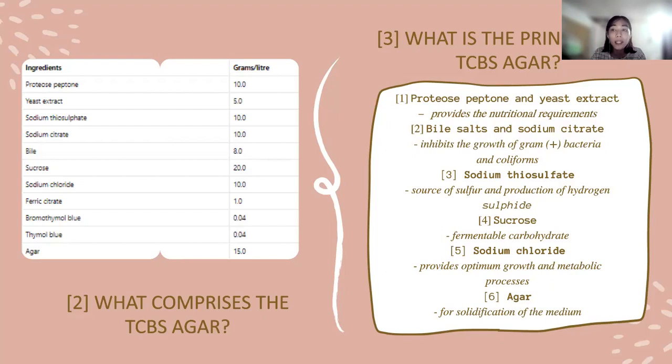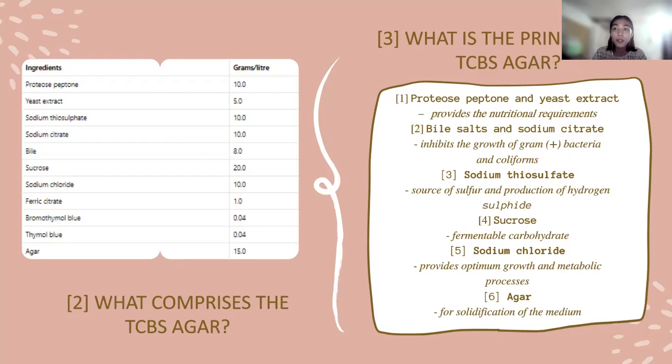Next is the agar, your solidifying agent, at 15 grams per liter. It is followed by proteose peptone, sodium citrate, sodium chloride, and sodium thiosulfate at 10 grams per liter each. Meaning to say, your agar is somewhat salty because of the presence of sodium.